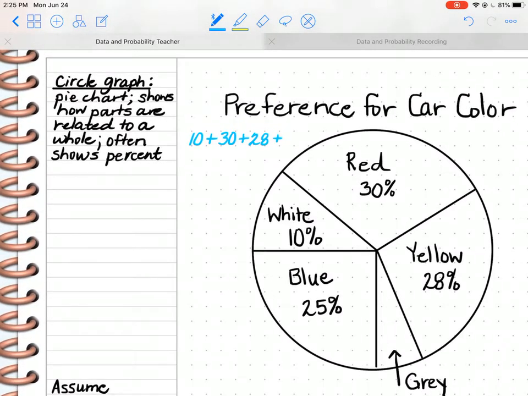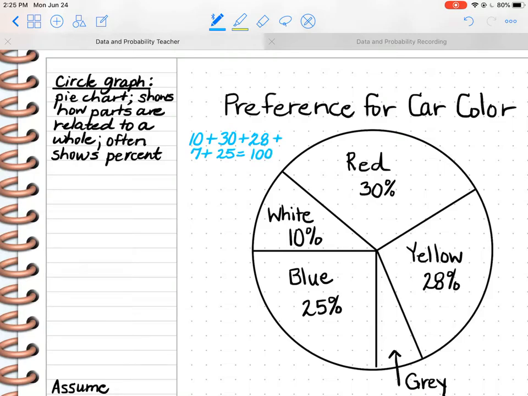Gray is 7, and 25% for blue. 1, 2, 3, 4, 5 categories, 1, 2, 3, 4, 5 slices of pie. I want you to add those up on your calculator. 10 plus 30 plus 28 plus 7 plus 25 is 100.